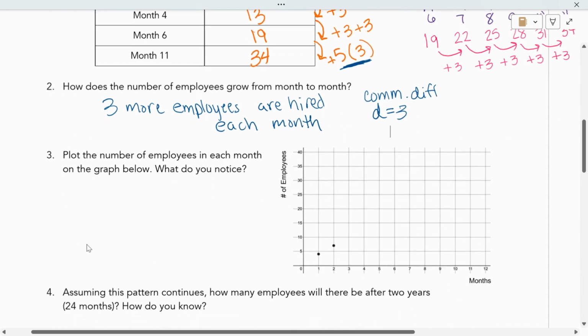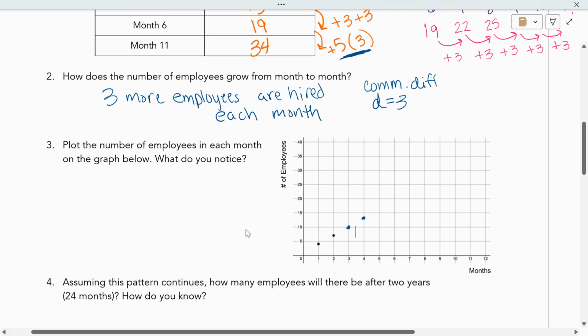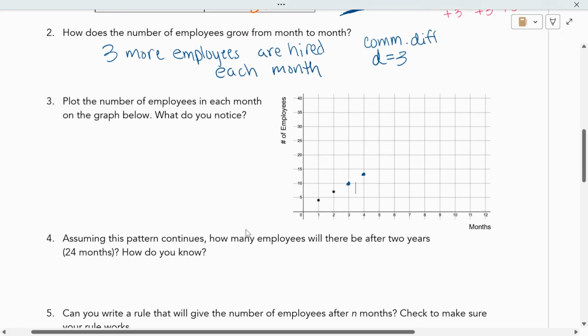What do you notice? Well, we know in month 1 we had 4. In month 2 we had 7. Month 3 we had 10. Month 4 we had 13. Notice your graph y-axis is counting by 5, so you're just going to have to kind of ballpark it. You're going to have to eyeball it. In month 5, we had 13 plus 3 is 16.